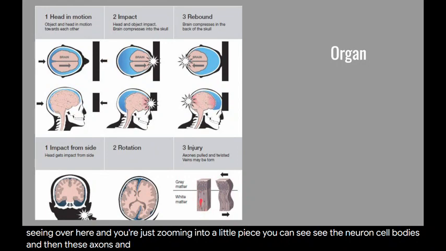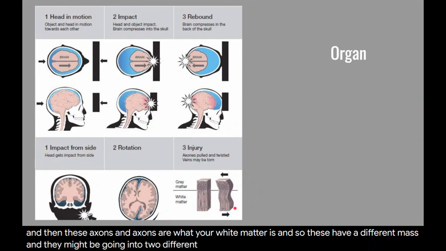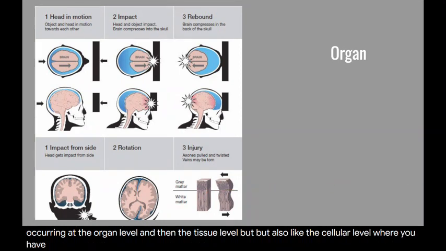And the axons are what your white matter is. These have a different mass, and they might be going in two different directions. And so you have this phenomenon occurring at the organ level and then the tissue level, but also the cellular level where you have shearing forces.